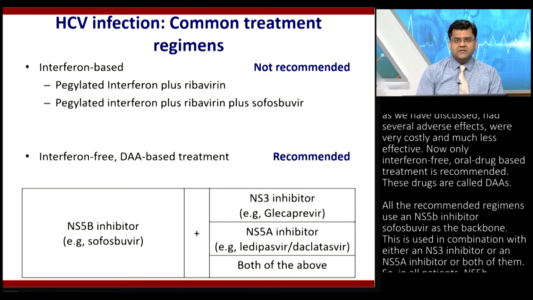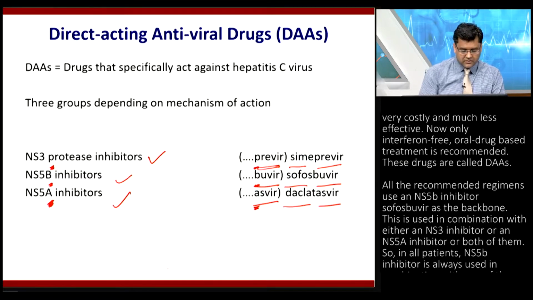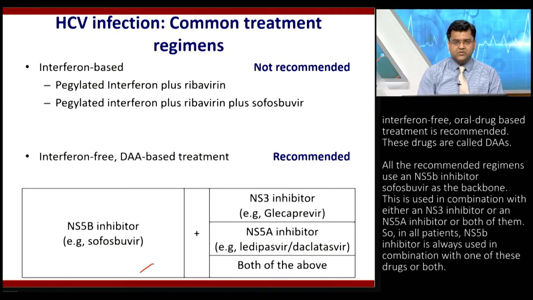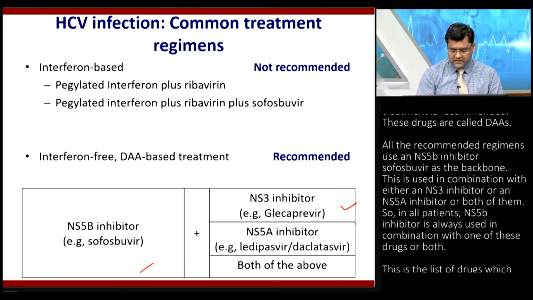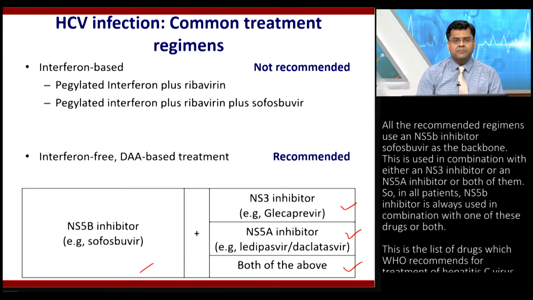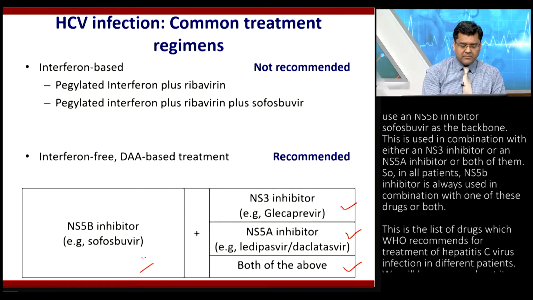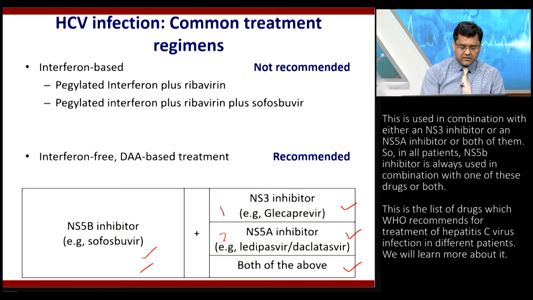All the recommended regimens use the NS5B inhibitor sofosbuvir as the backbone, which is used in addition with either an NS3 inhibitor or an NS5A inhibitor or both of them. So, in all patients, the NS5B inhibitor is always used in combination with one of these drugs or both.